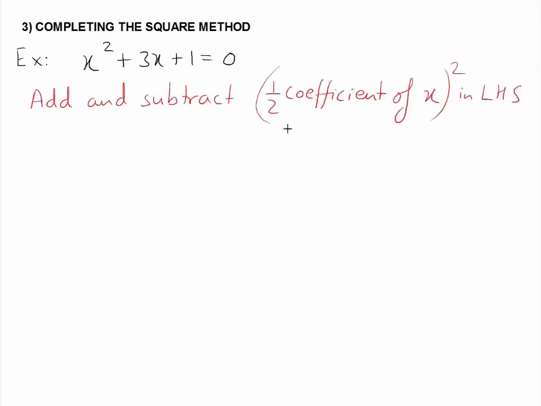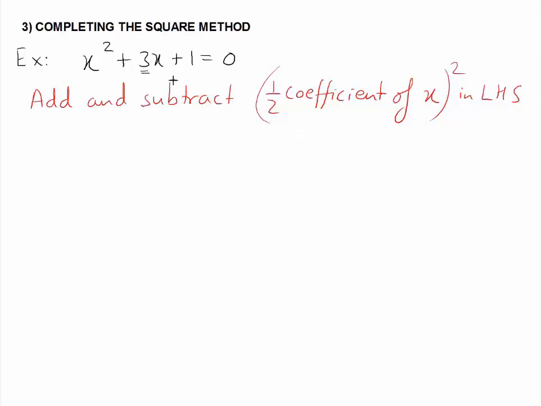Let's see the third method of finding the roots of a quadratic equation. This is called the completing the square method. So let's understand this by an example: x square plus 3x plus 1 equals 0. So the rule is we add and subtract half the coefficient of x whole square in the LHS.